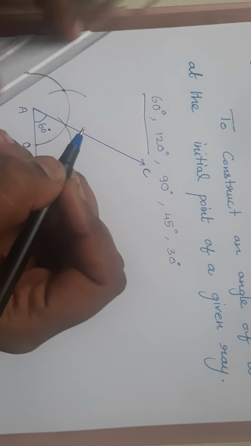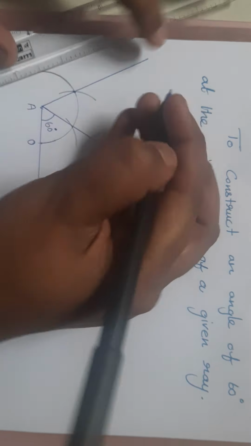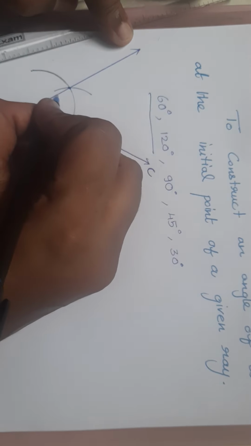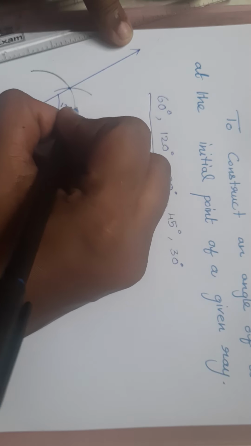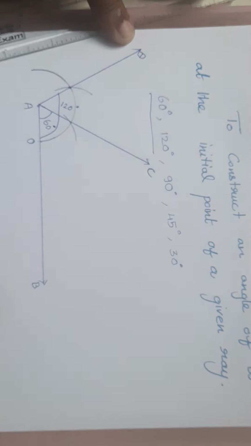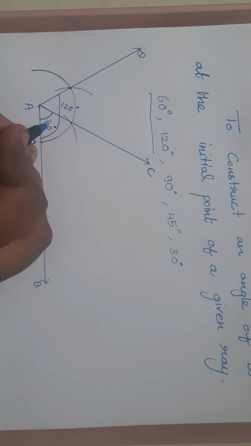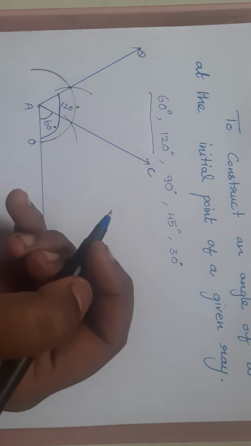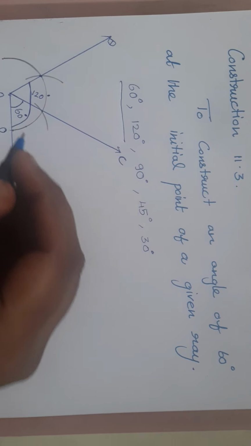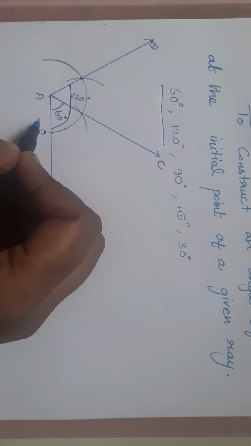Again you join, and this is E. So A, B, C, D: this is the angle 60 degrees, and this is the angle 120 degrees. Understand, children? That is how to make an angle of 60 degrees and 120 degrees without a protractor.